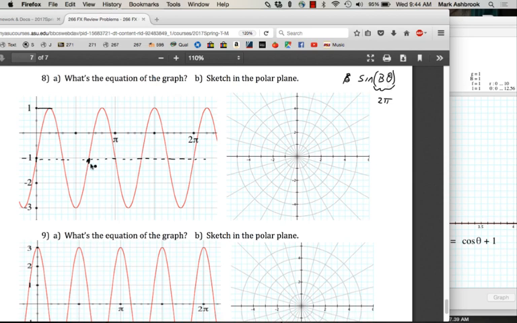So when theta reaches 2 pi over 3, we want that whole argument to reach 2 pi, because the sine of 2 pi, that's our period. So b times 2 pi over 3. So when theta does a full cycle, we need that argument to reach 2 pi. Therefore, b is 3.